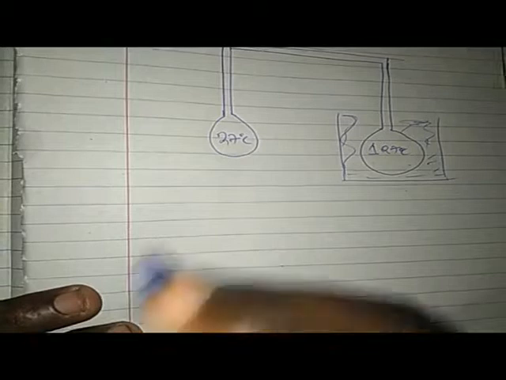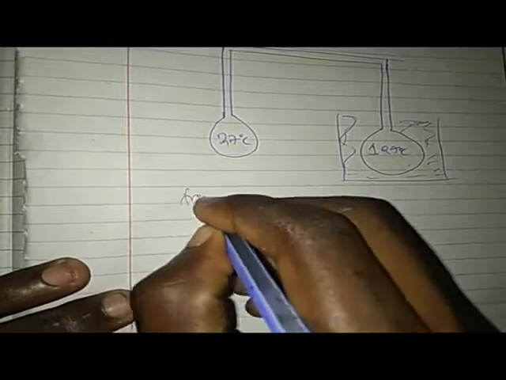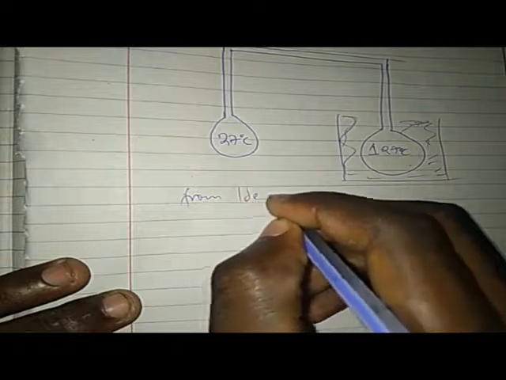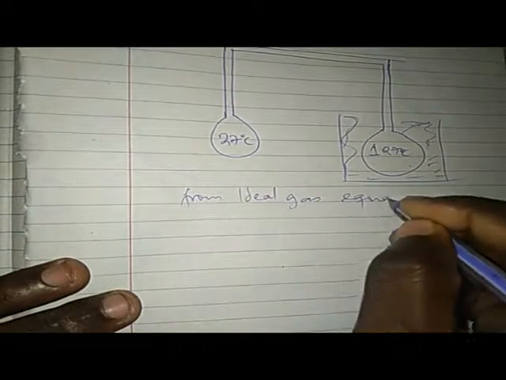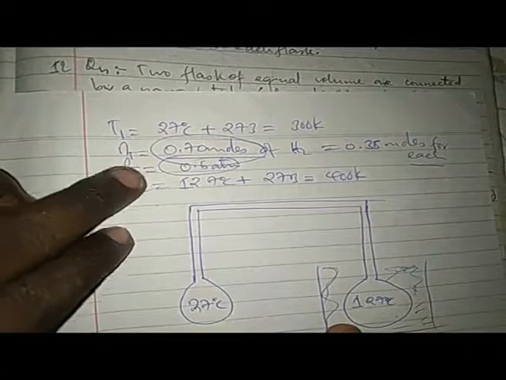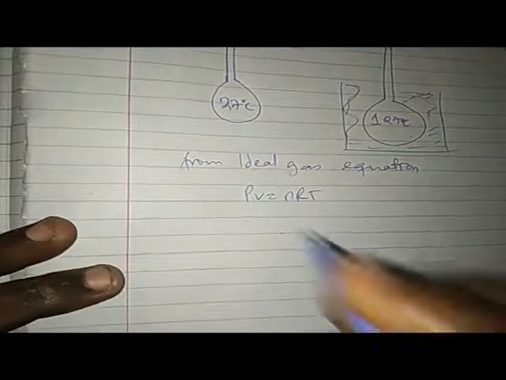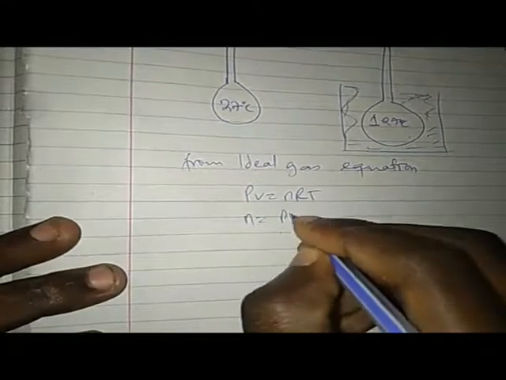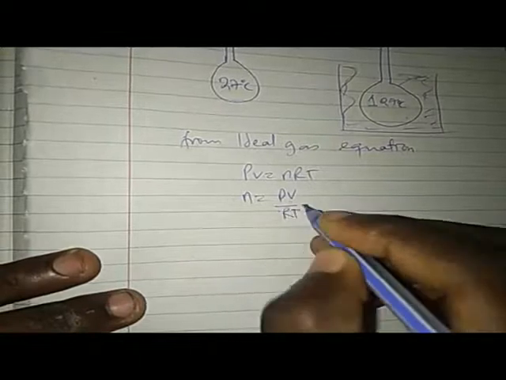Now let's say that from the ideal gas equation, we have already listed some things above: temperature 1, total number of moles, total pressure. From the ideal gas equation, PV is equal to nRT. Now n is equal to PV divided by RT.